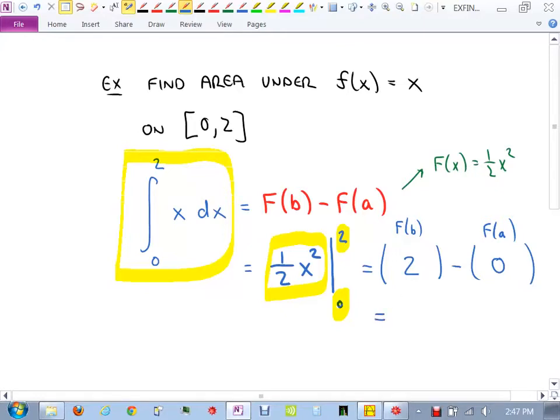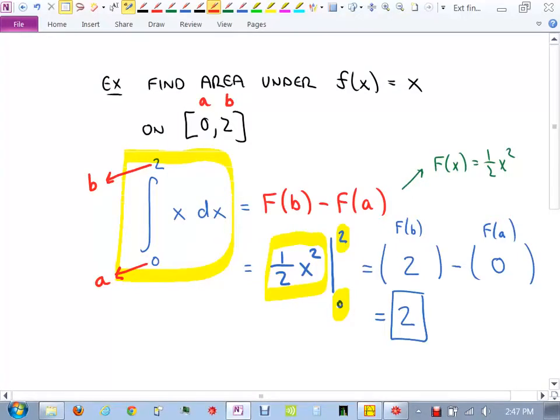So the answer is 2. Yeah, I should probably label this over here. This is your B, this is your A. Or if you want, A and B are the endpoints of the interval, 0 and 2 up there.